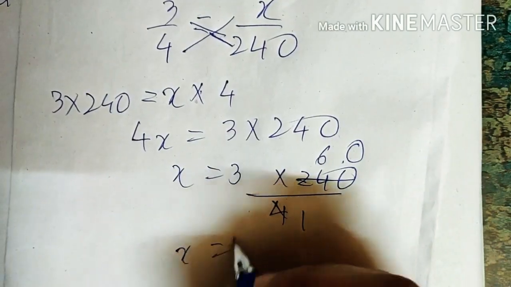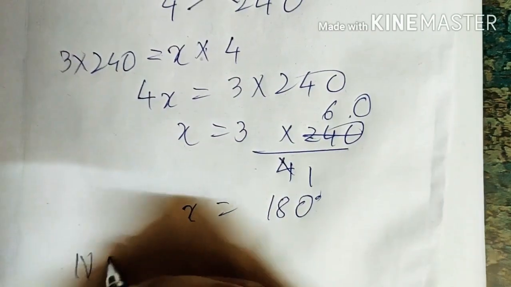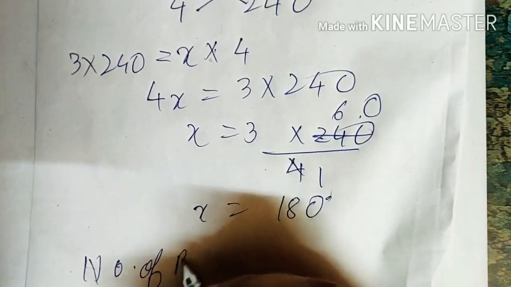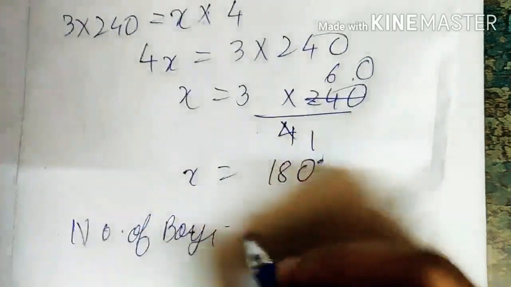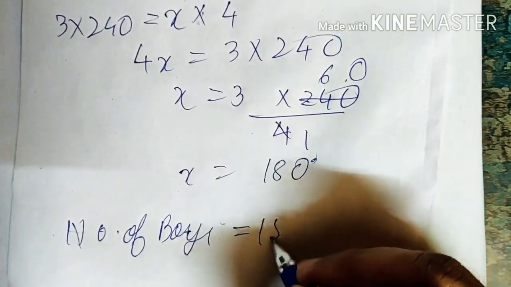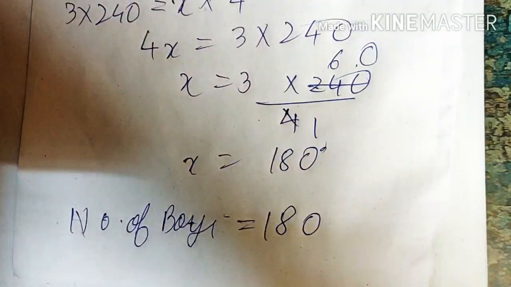So x here is 3 into 60, that is 180. That is, the number of boys is equal to 180 and the number of girls was 240.